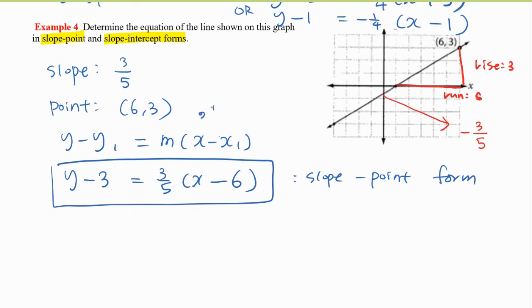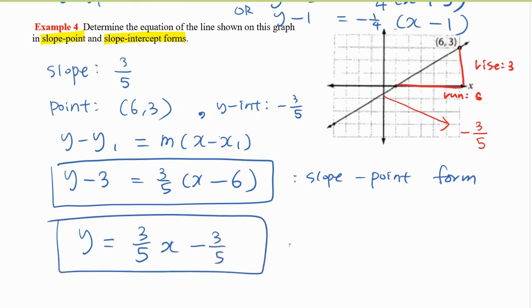What about the slope intercept form? We know that the y-intercept is negative 3 over 5. So slope intercept form will be y equals 3 over 5 x minus 3 over 5. So this is the slope intercept form.